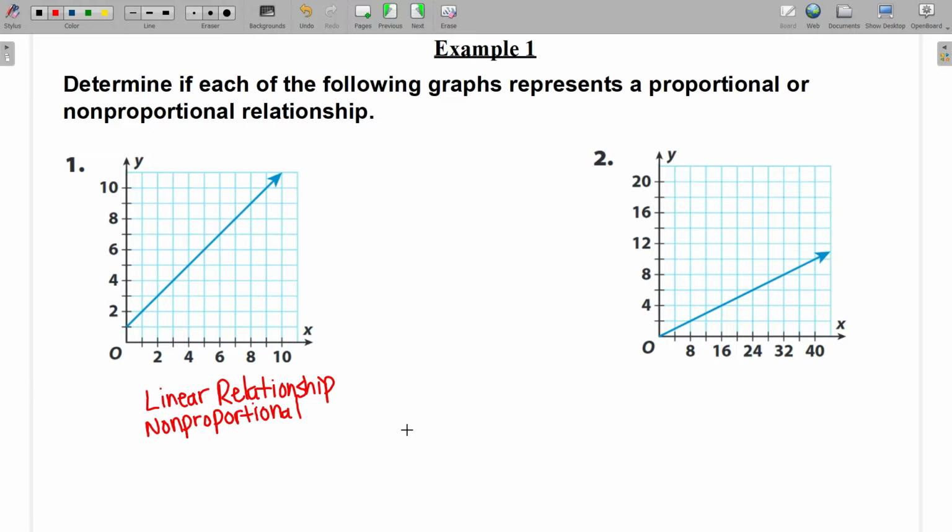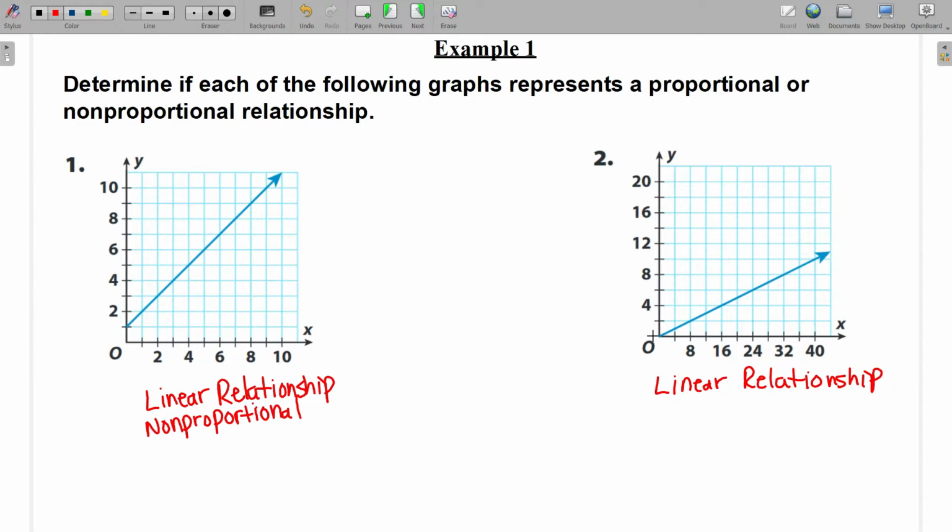Now in number 2, what we see is a graph of another line, and it is absolutely straight. So this is going to be a linear relationship. And what we also see is that this line is crossing through the origin this time.